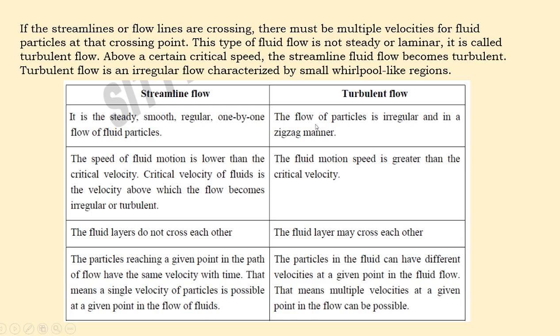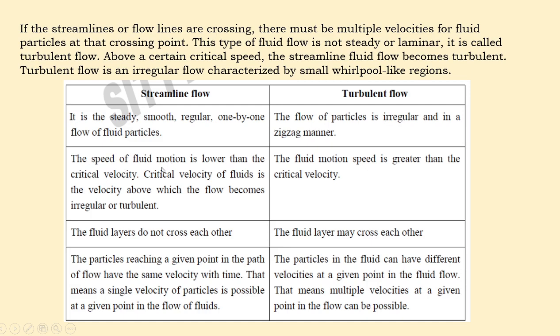Let us see some of the differences between the streamline flow and a turbulent flow. Streamline flow is a steady, smooth, regular, one by one flow of the fluid particles. At the same time, in the turbulent flow, the flow of the particles is irregular and in a zigzag manner.